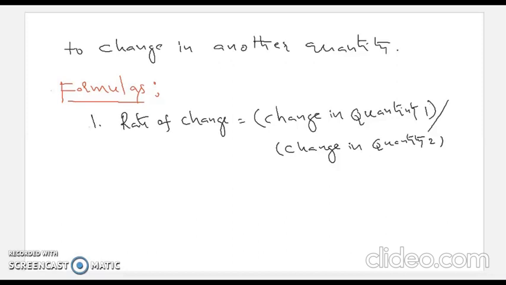So this first formula is known as the basic formula.